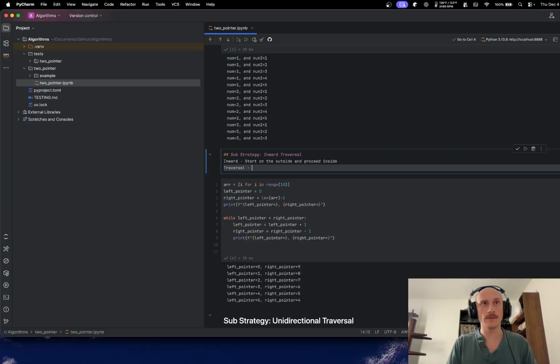And traversal, there's an implication that we go through the entire data structure. That's where we start on the furthest minima and maxima of the data structure.